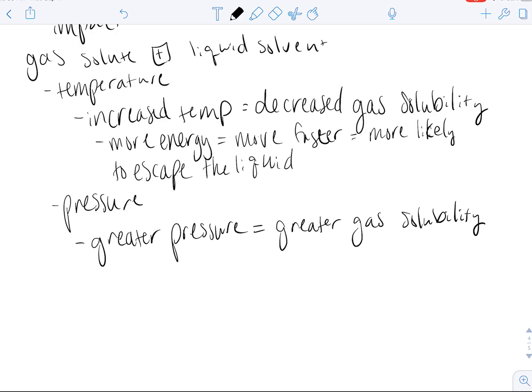If you think about it, with a greater force above our liquid, in this case the gas pressure, it is easier for gas particles to penetrate the surface of a liquid, and harder for them to escape.